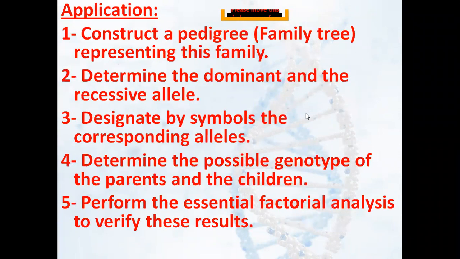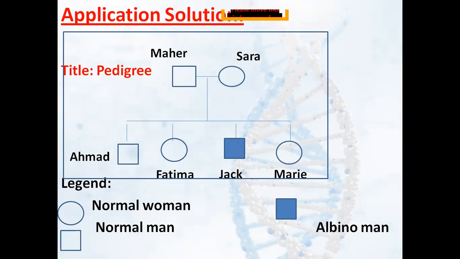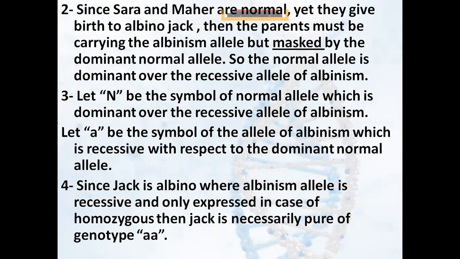Second, they told me to determine the dominant and the recessive allele. Maher and Sarah are normal, but they gave birth to Jack, who is affected. So the allele of the disease was masked in the parents, meaning that it was masked by the dominant. The dominant was dominating over the allele of the disease.